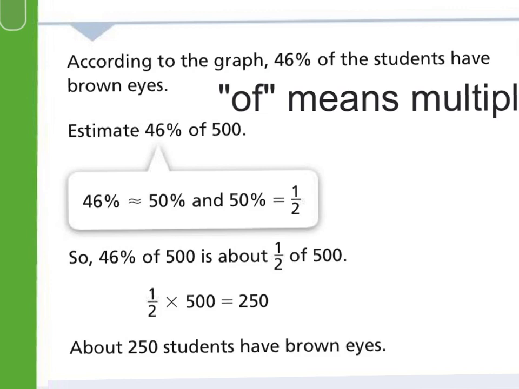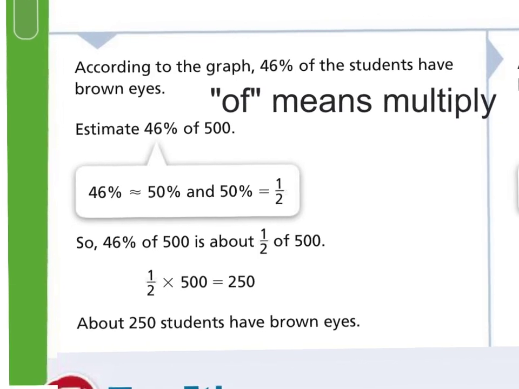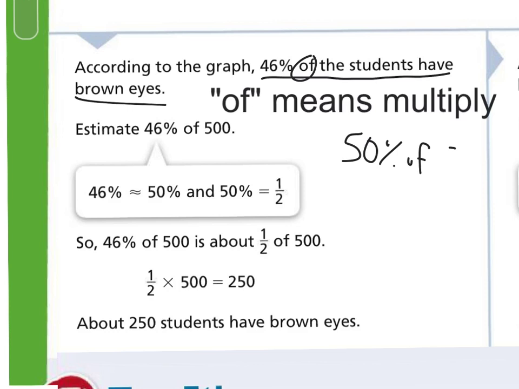We're just going to round that off to 50%. And so we're going to take about 50% of 500. We've talked about before, when you see the word of, as in 46% of the students have brown eyes, usually that of is going to mean multiplying. So again, we're rounding it off to 50%, so we're taking 50% of 500. 50% you might know is the same as 1/2.